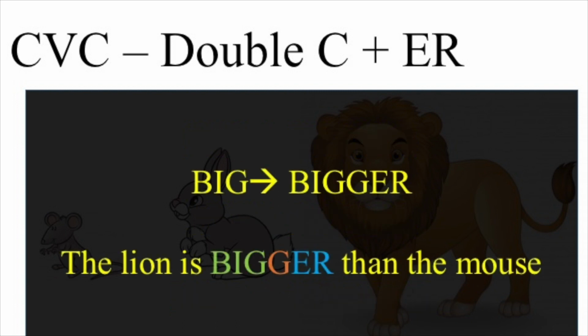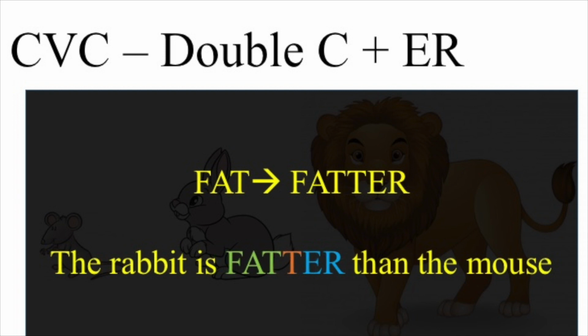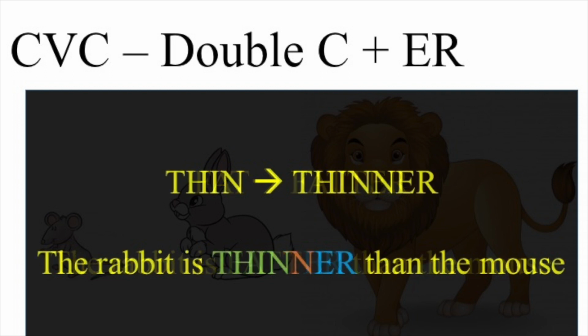The lion is bigger than the mouse. The rabbit is fatter than the mouse. The rabbit is thinner than the mouse. Really? Rabbit thinner than the mouse? I'm not sure. I think the mouse is thinner than the rabbit.